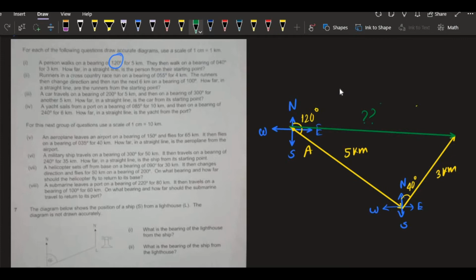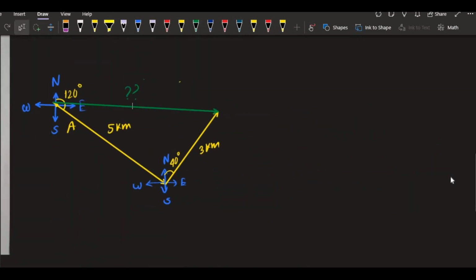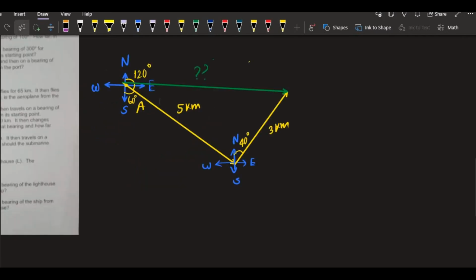The way to solve this problem is to draw a triangle. If this angle is 120 degrees, this has to be 60, because the whole is 180 degrees.